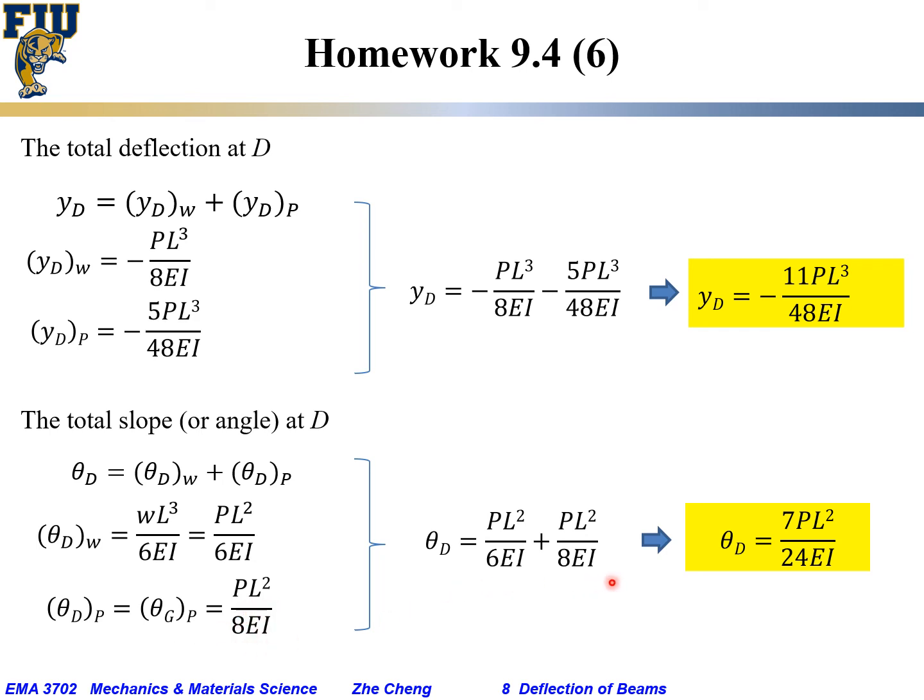When you add these two up, the common denominator is 24, this has a factor of 3, this has a factor of 4, so it's 7PL squared over 24EI. So now we know the total deflection as well as the total slope at the D end caused by the combined loading from the distributed load and the concentrated load.